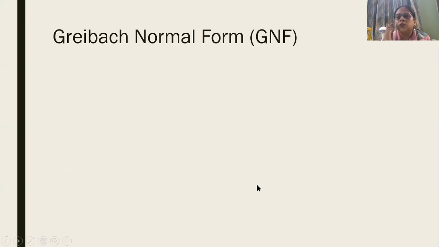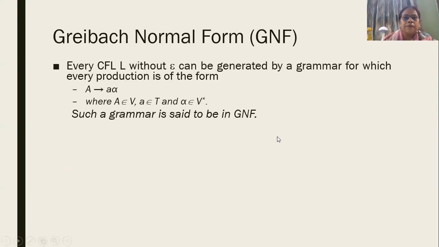to what is Greibach normal form. A context-free language without epsilon can be generated by a grammar for which every production is of the form A derives a alpha, where capital A is a variable, small a is a terminal, and alpha is a string of variables.